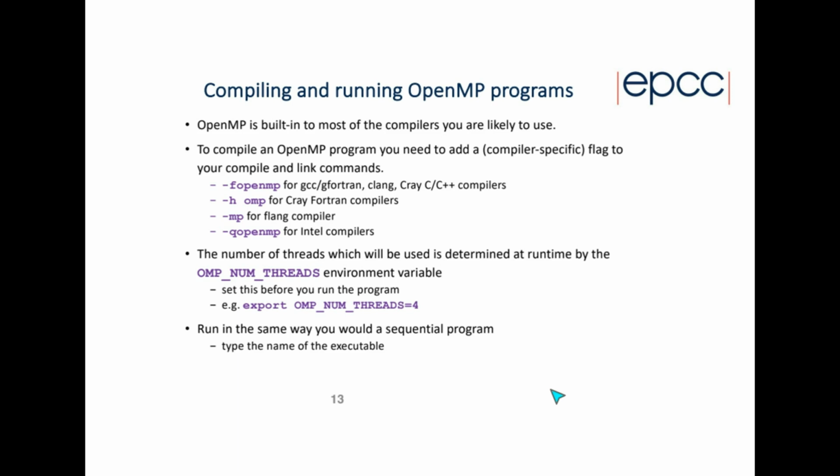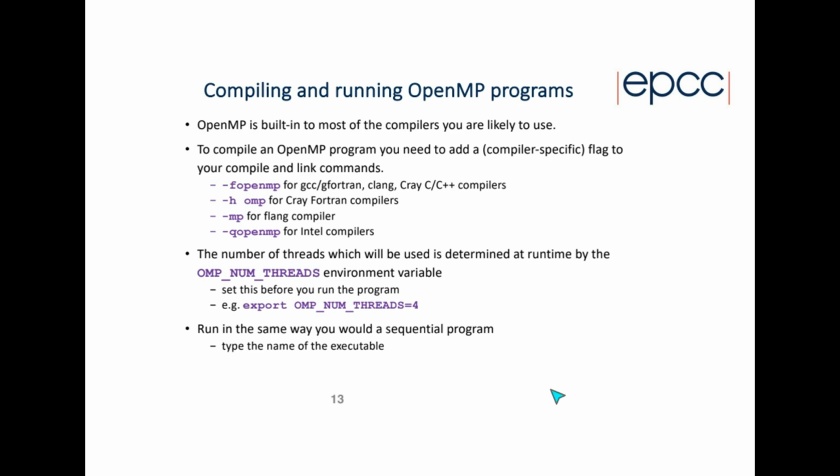So in order to compile an OpenMP program, you need to add a flag which is compiler specific to your compile and link commands. So you have to look at the documentation to figure out what it is. For GNU compilers, GCC, GFortran, for Clang, for Cray C++ compilers, which are actually Clang based, it's -fopenmp.